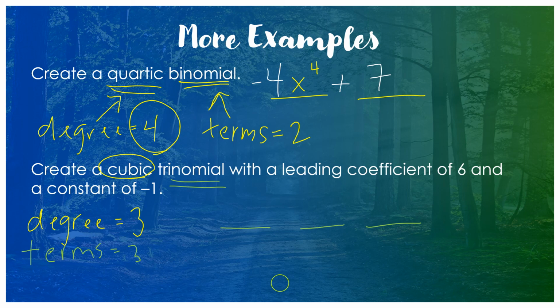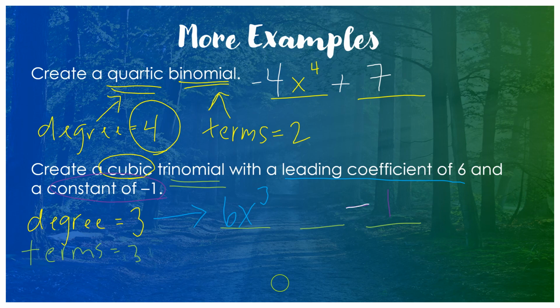All right. Leading coefficient of 6 means that the coefficient that's in the very front of my polynomial needs to be a 6. And I can go ahead and put the degree in here too. This is going to be x cubed because that's my highest exponent. And then the last thing it tells us is that we have to have a constant of -1. So that means that I'm going to have -1 at the end.